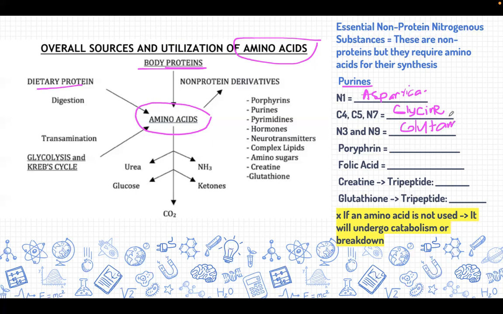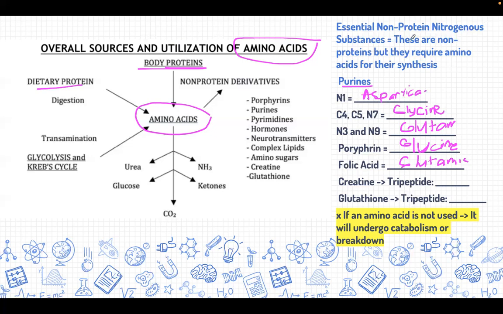Next, yung porphyrin, ma'am, narinig ko na yan they require glycine pa rin naman. Next, si folic acid, narinig nyo na rin to, they require glutamic acid. Ito yung mga requirement nilang amino acid, kagaya na sinabi natin dito.